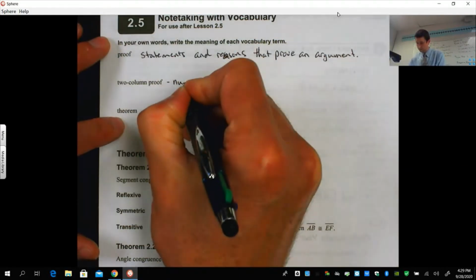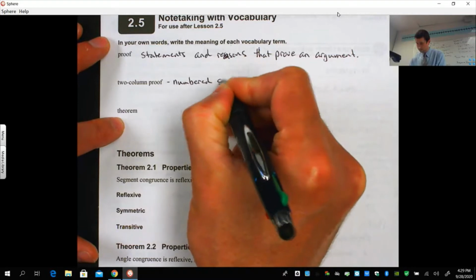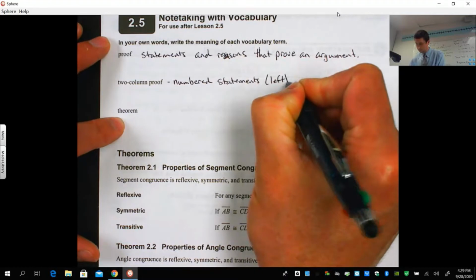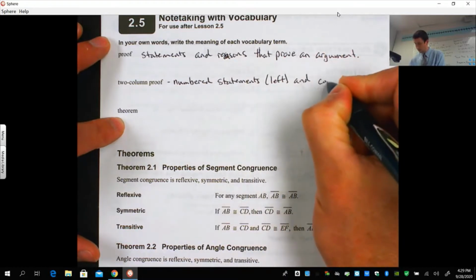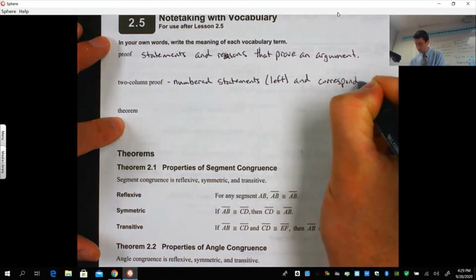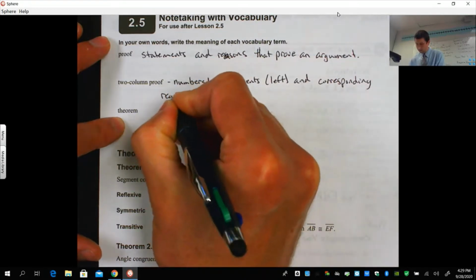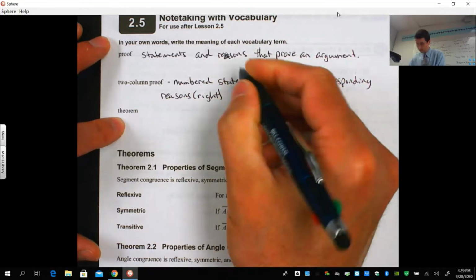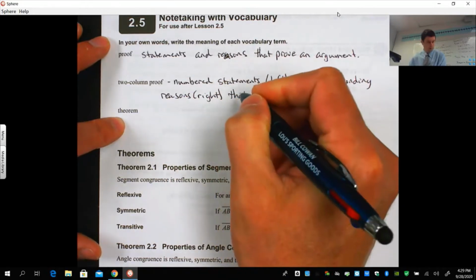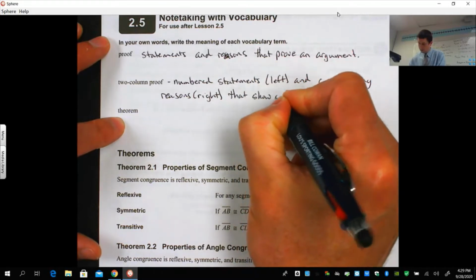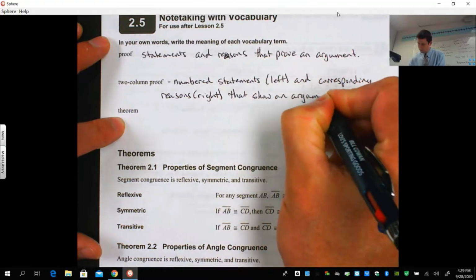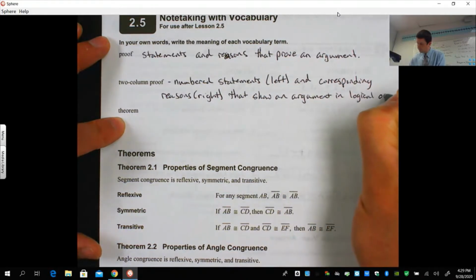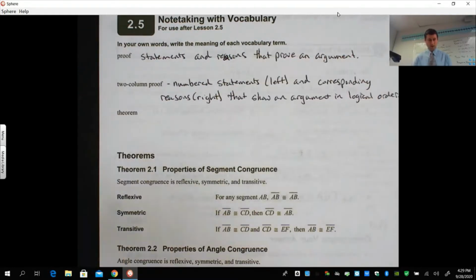These are going to be numbered statements, and they go on the left. And corresponding reasons, they go on the right. That show an argument in logical, there's that word logical, order. Okay, show an argument in logical order.